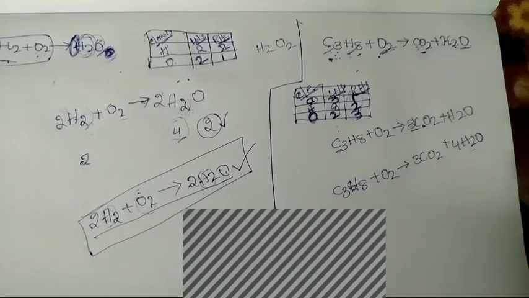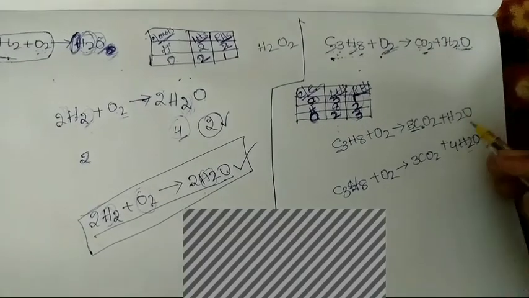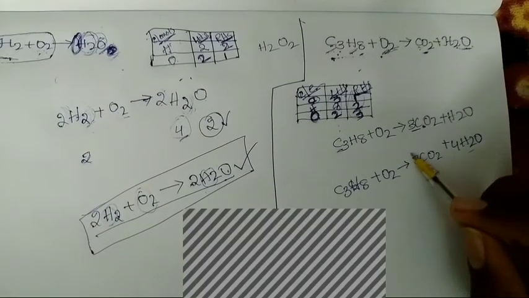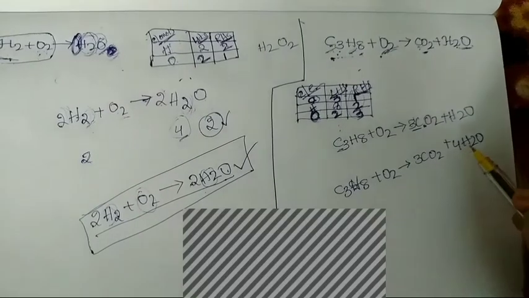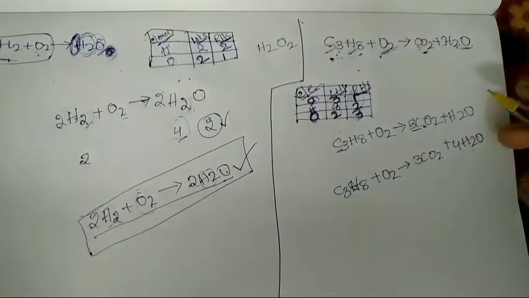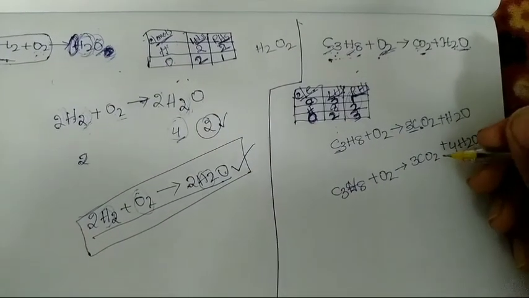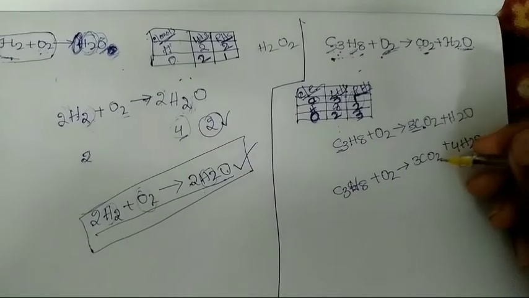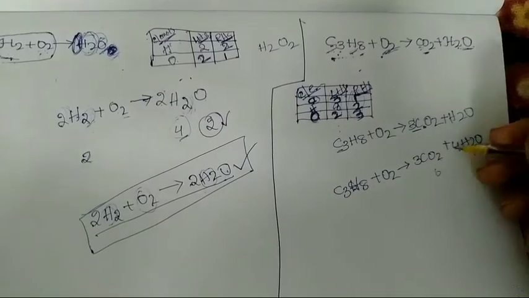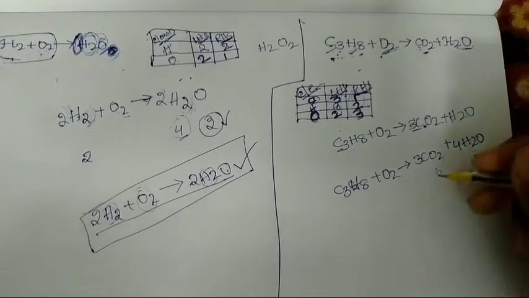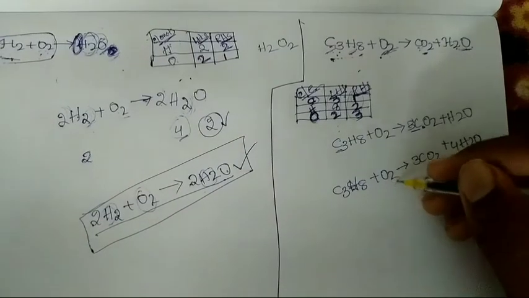Next, count the oxygens first, because here we wrote 3 and here we wrote 4. Oxygens might be increased. So here on the product side we shall count oxygens. 3 into 2, 6 oxygens here, 4 oxygens here. Yes or no? Means total 10 oxygens, but we have only here 2 oxygens.